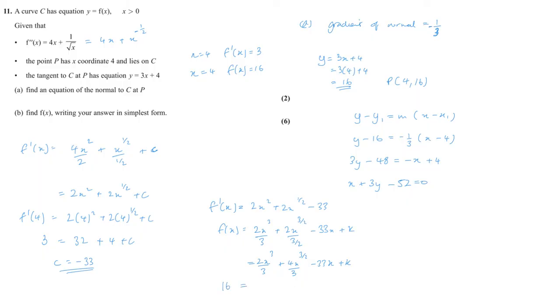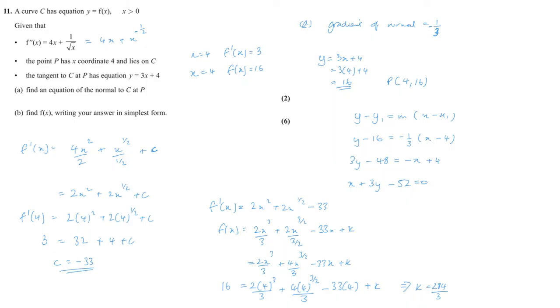So 16 equals 2 times 4 cubed over 3 plus 4 times 4 to the 3 over 2 over 3 minus 33 times 4 plus k. And that gives me that k is 284 over 3.